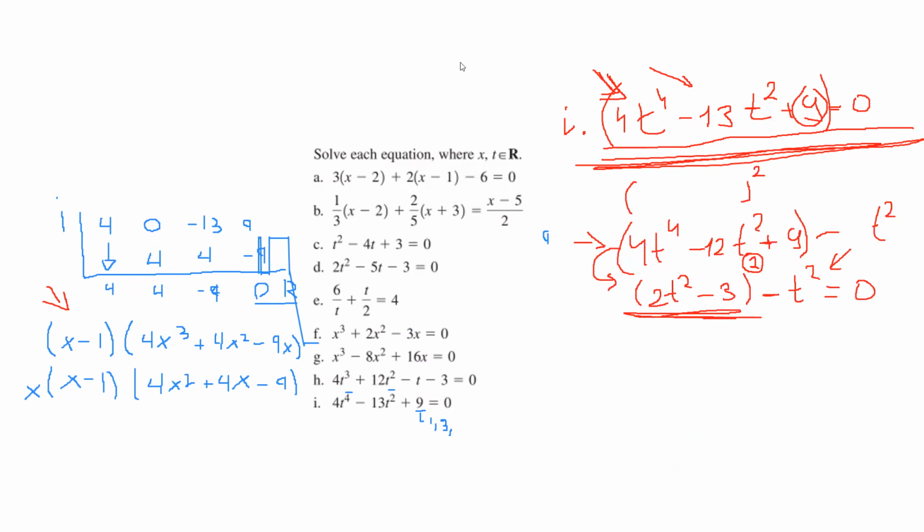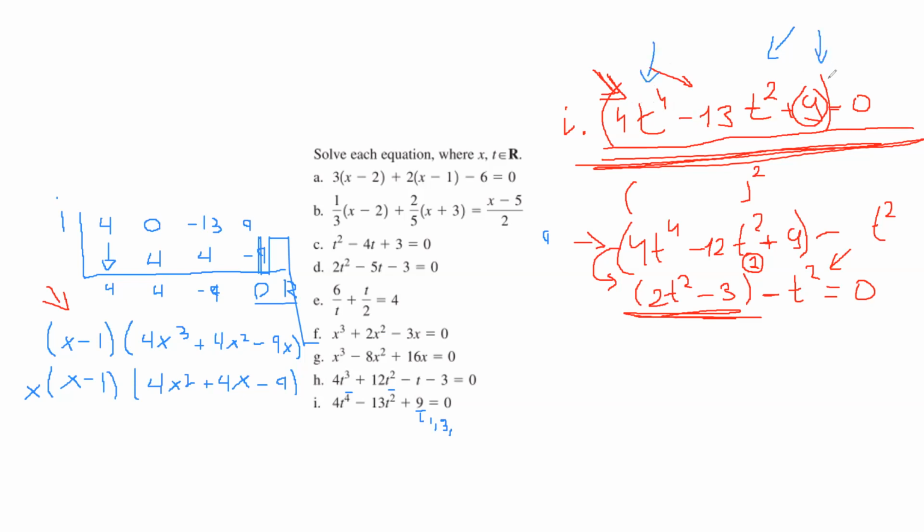So now, let's take a look at what we got here. First, I noticed that it's almost a perfect formula of a square of a difference, right? Almost. Because here, root of this would be 2t squared.